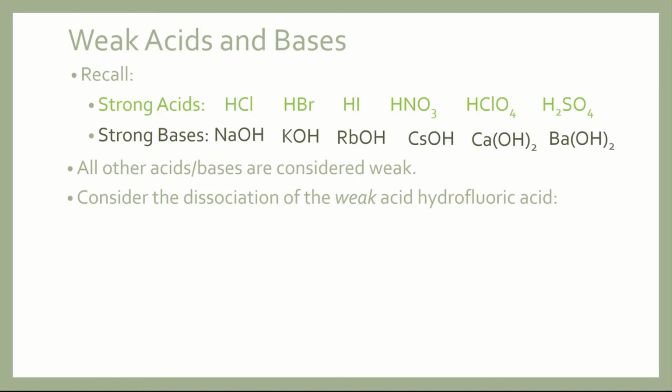So let's consider the dissociation, or the dissolving, of the weak acid hydrofluoric acid, so HF. So HF dissolves into hydrogen ions and fluoride ions. But because it's not one of our strong acids, it doesn't dissociate every single time.